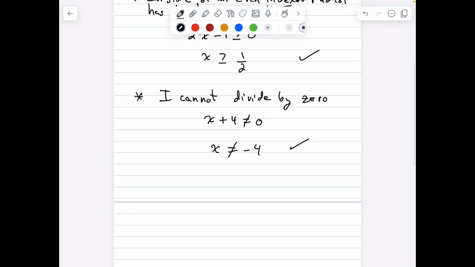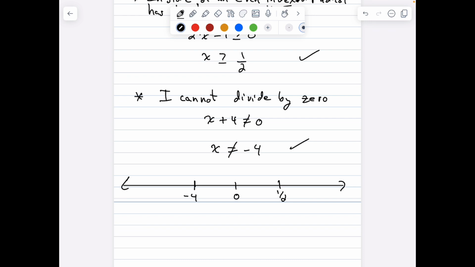And for that, when you have multiple parts to a domain, what I like to do personally is write them out here. In our case, I'm going to make a number line, put negative 4, and then put a half, and then put 0. I don't need to write every integer or fraction.